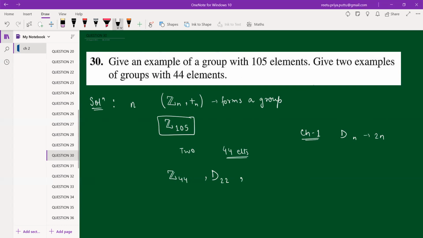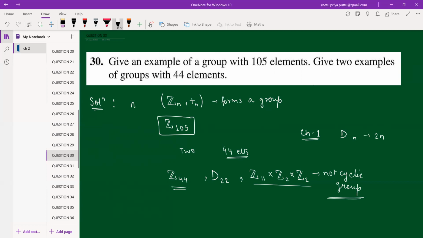Another group which I would like to share with you is Z11 cross Z2 cross Z2. You will learn this when you learn cyclic groups. What is the difference between these? Basically, this is not a cyclic group. Don't worry if you don't know about cyclic groups. In further videos, you will definitely learn about the cyclic group and many other types of groups.